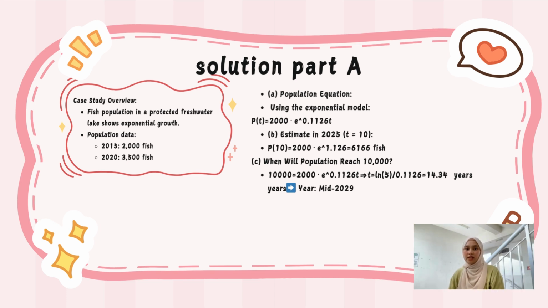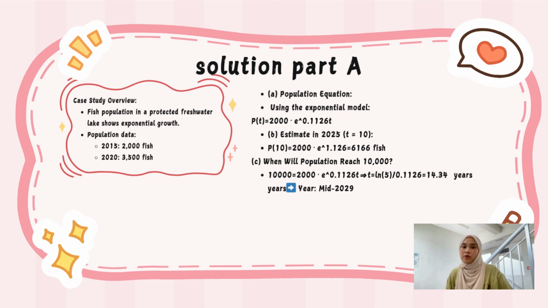To model this, we use the exponential growth formula, P(t) equals P0 e to the power kt, where P(t) is the population at time t, years after 2015. P0 equals 2,000, P(5) equals 3,500 in 2020.